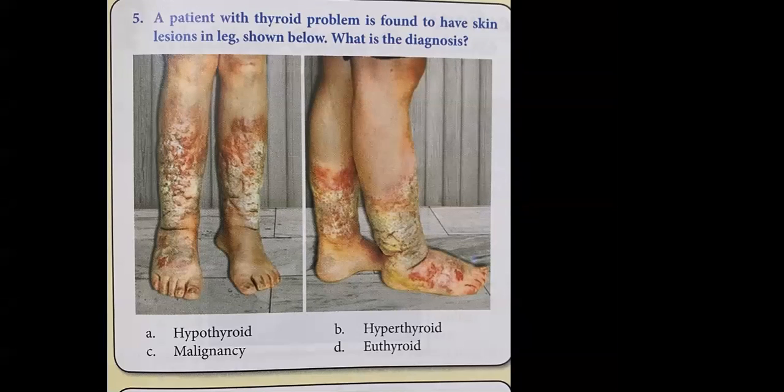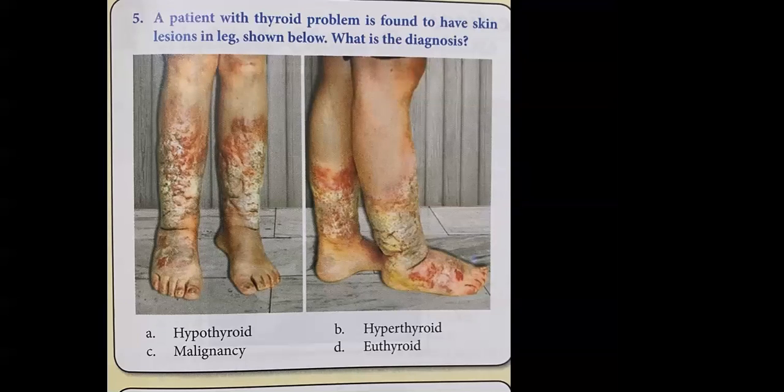The cricothyroid muscle is supplied by? Yes, it is the external laryngeal nerve. This is also a very important topic.